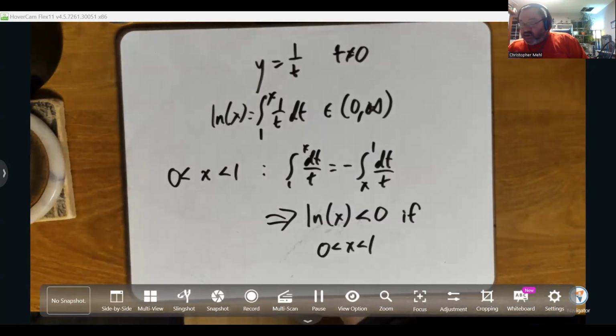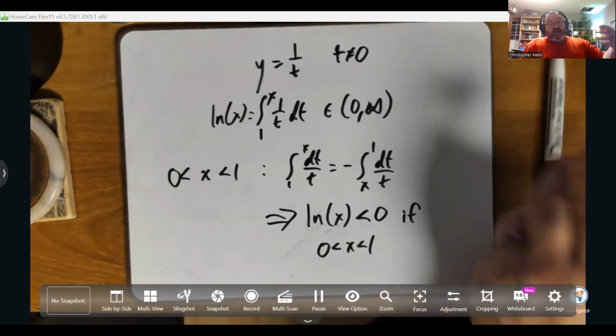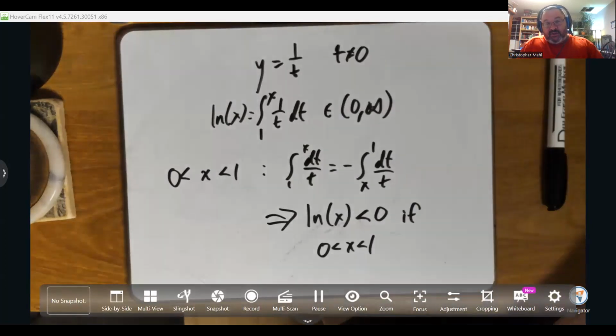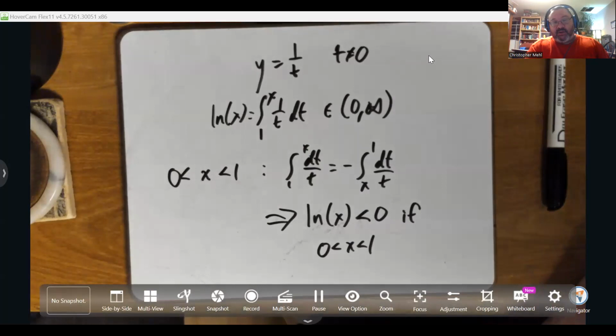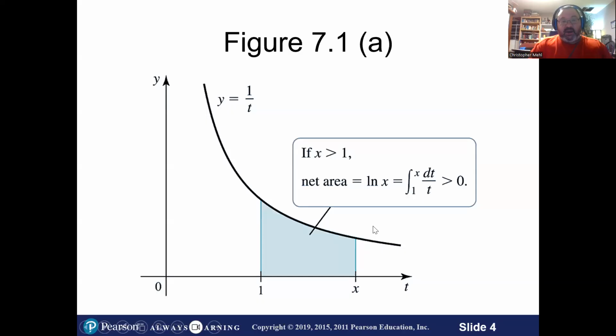So the net area interpretation here implies that the range of the natural log of x would be negative infinity to positive infinity, and that makes sense because the domain of its inverse, the exponential function, is all real numbers. So that makes sense, that we would expect that to be the case.